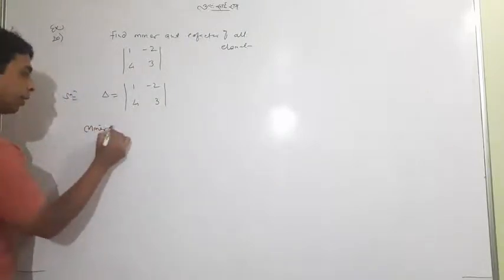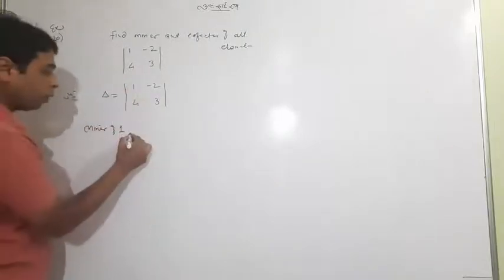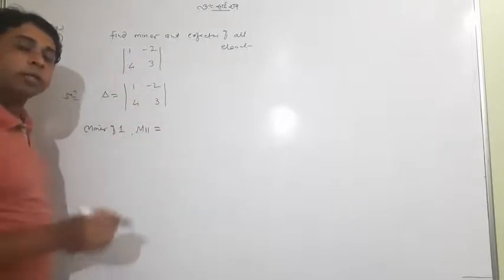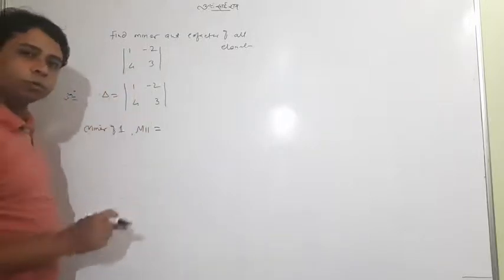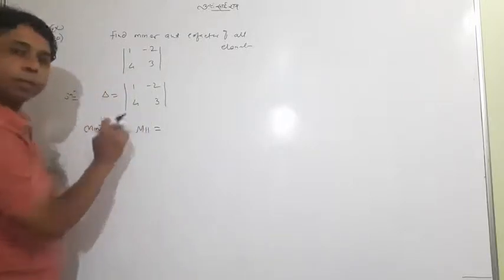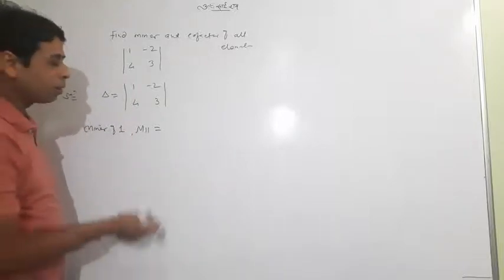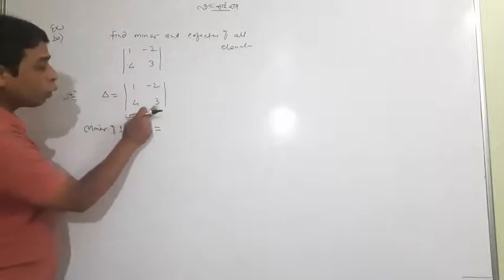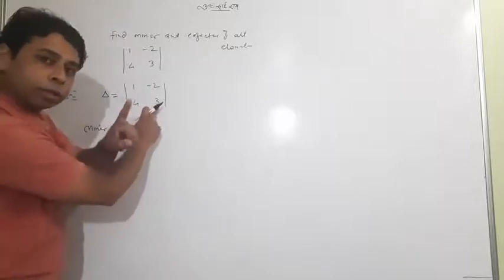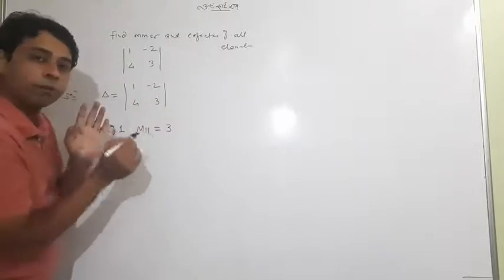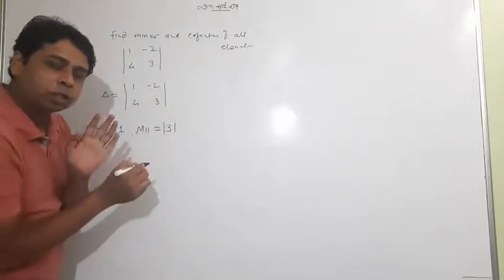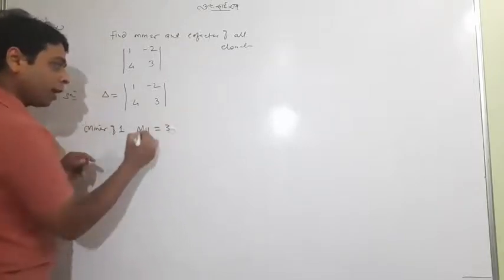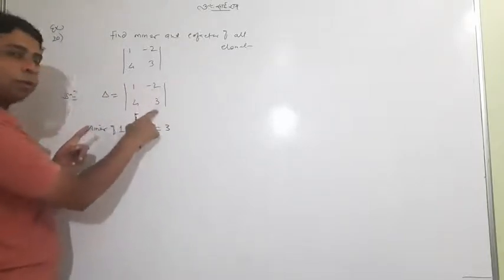I am writing minor of 1. What is the symbol? First row, first column, M11. Mind that it is a 2 by 2 determinant. We drop the containing row and containing column, so whatever element remains is a single element. So only we write 3. We don't need to use the determinant sign because it is a single element. Again, minor of 1: drop these 2 and write only 3.